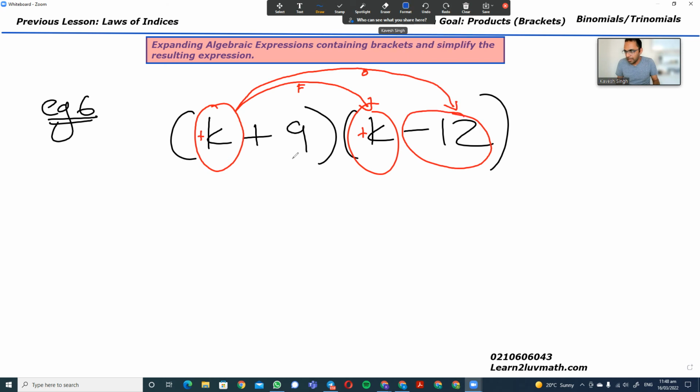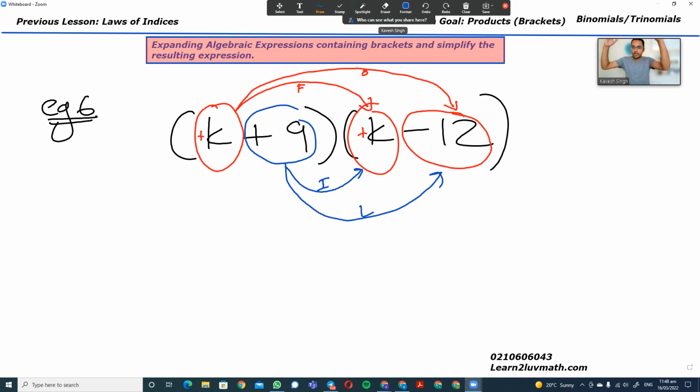And I multiply 9 by plus k. I'm going to call it I for inner term. Then I'm going to take plus 9 and multiply it by the last two terms of the bracket. Plus 9 and negative 12 actually are the last two terms of the bracket, and that'll become L. So I've got the first terms, then the outer terms, then the inner two terms, then the last two terms. So let's go ahead and multiply this now.